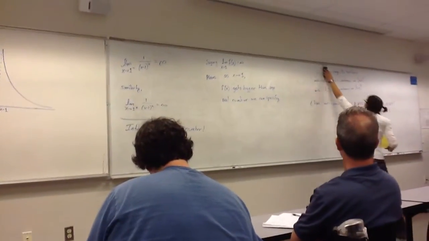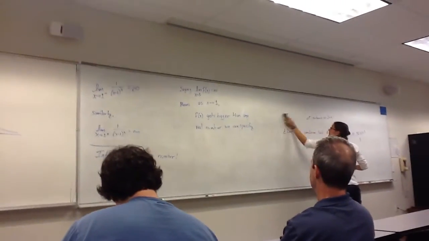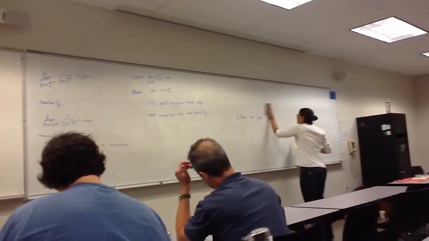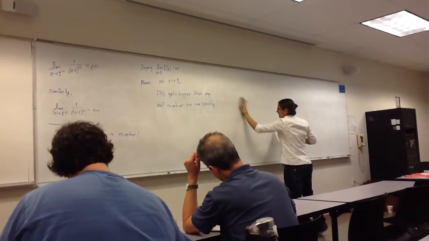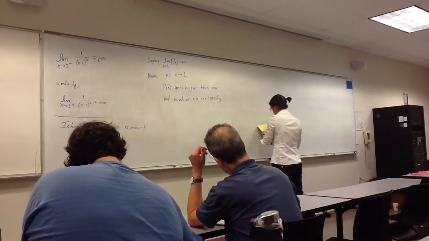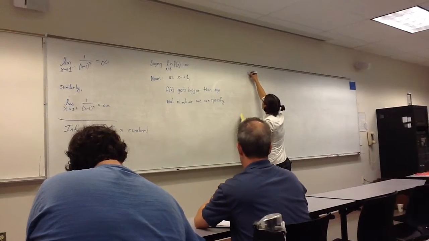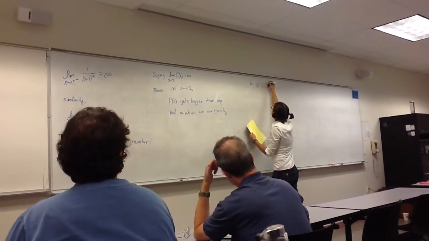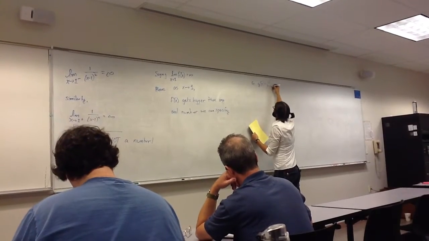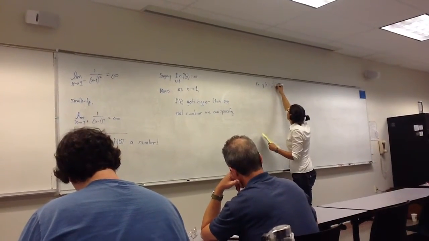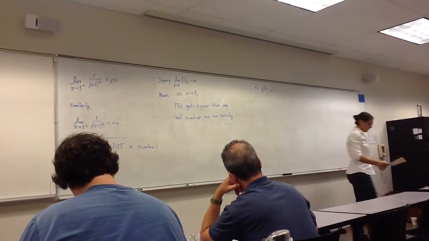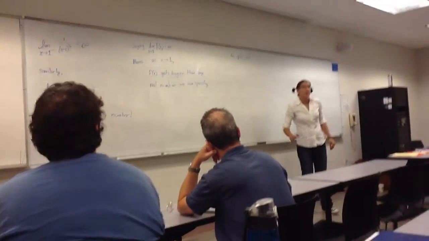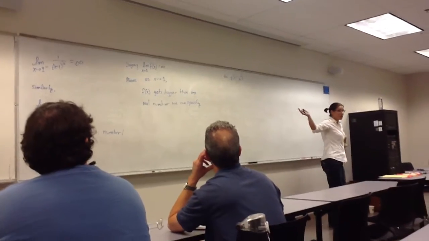Okay, so let's take a look at another example. All right, in this example, we've got g of x is equal to 1 over x minus 3. Looking at this function, it's a rational function.